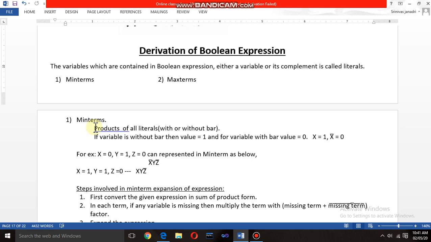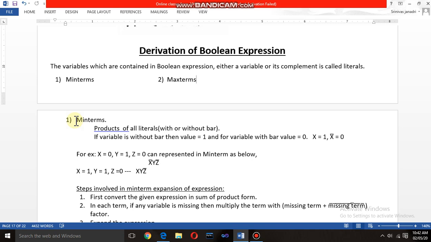For example, if a system is made up of 3 variables, say x, y and z, and we want to say the system is in minterm form, then every product in that system should contain all 3 variables, because it has 3 variables.